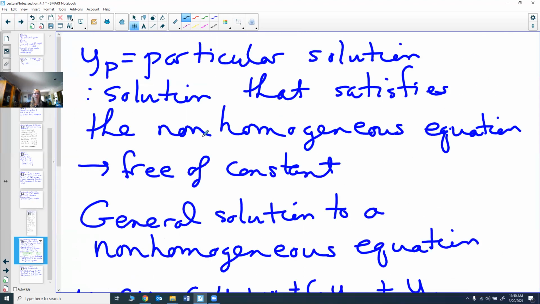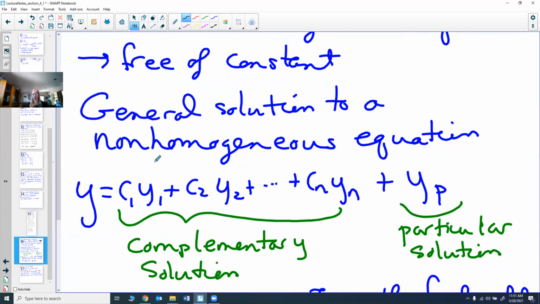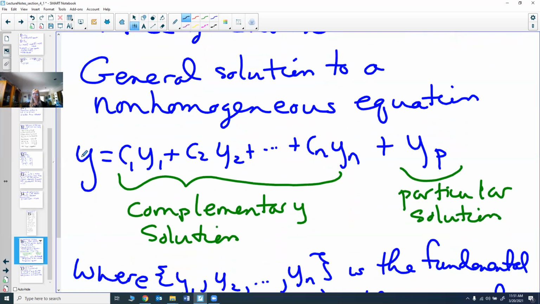All right. One last thing I do want to mention is that y sub p is known as the particular solution. It's the solution that satisfies the non-homogeneous equation. It is, however, free of constants. In other words, there will not be a C1 or C2 or anything like that in there. The general solution to the non-homogeneous equation is y equals C1 y1 plus C2 y2, plus all the way to Cn yn, plus y sub p.